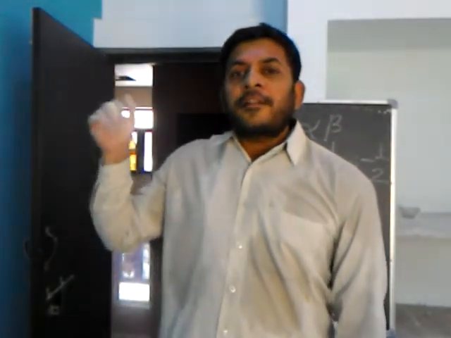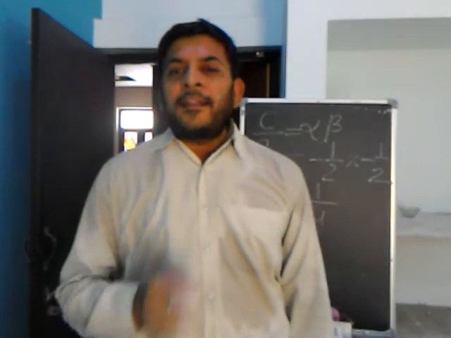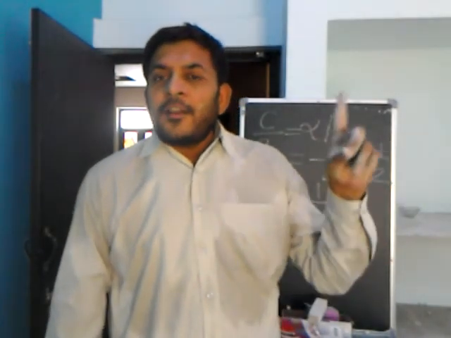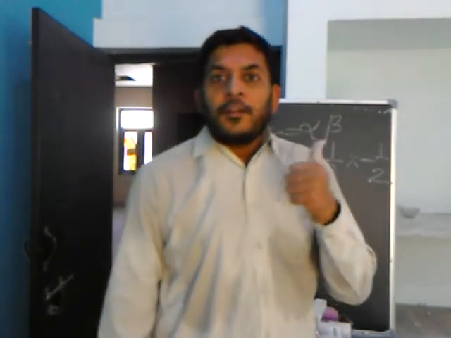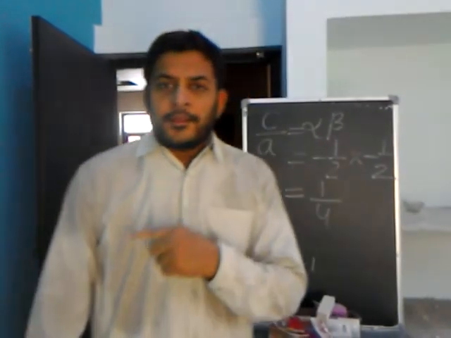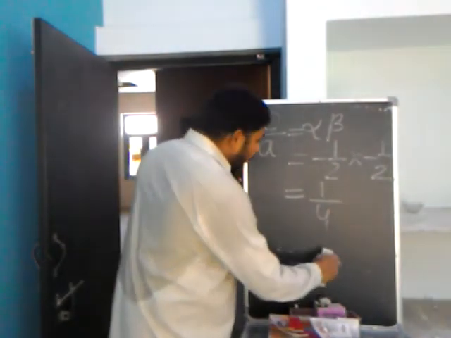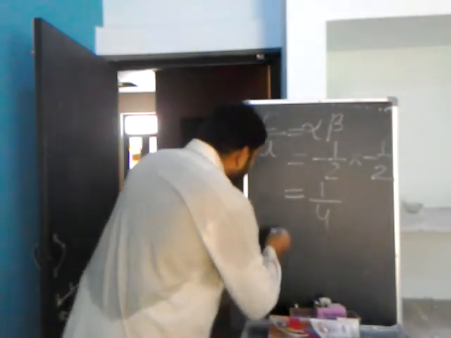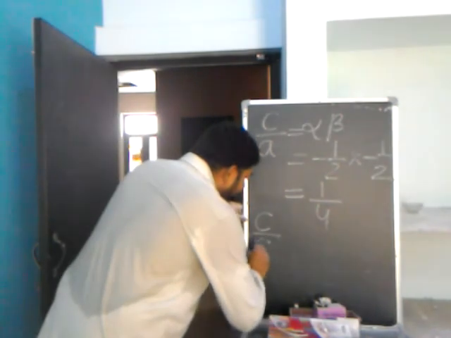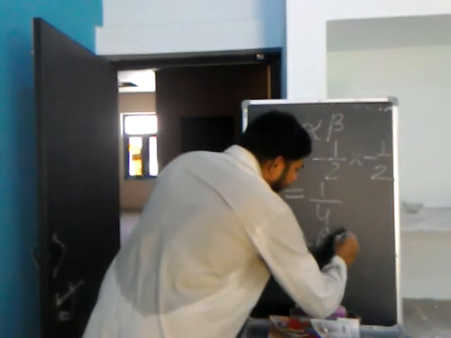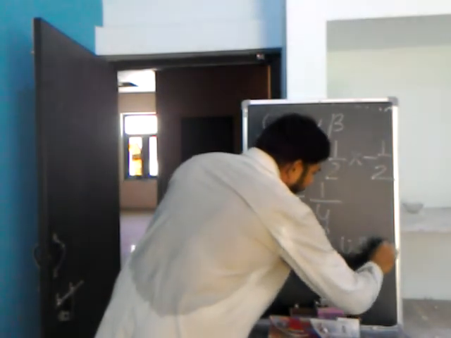When we divided 4x square minus 4x plus 1 by 4, we got 1 upon 4 in the last term. So this is also true. So we say c upon a is equal to alpha into beta, verified.